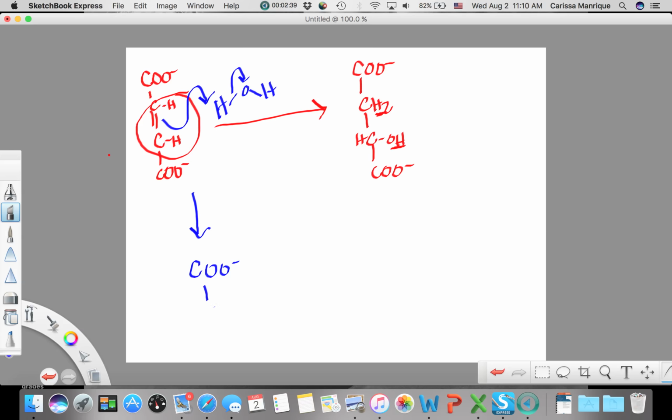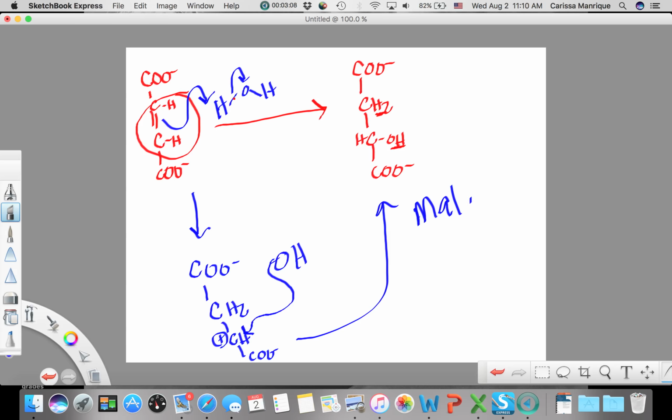So you'll get this, CH2, CH positive, COO minus, and then your OH here will come in, add on to that carbocation, and form your final structure. So it's just the addition of water across a double bond, very simple. And then under this, we just have one more reaction, and this forms malate.